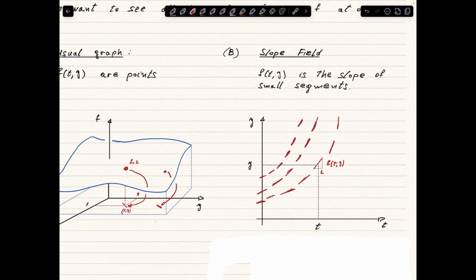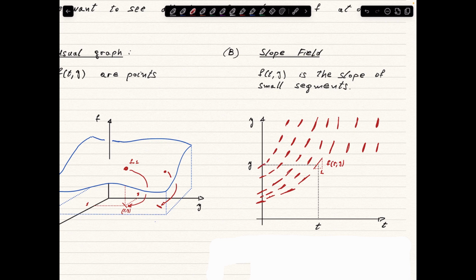So for example, maybe here we have more values of the slope, but you see that it's very time-consuming work, because we need to plot each value of the function as little slopes, and that takes time and patience, and I don't have any of those.